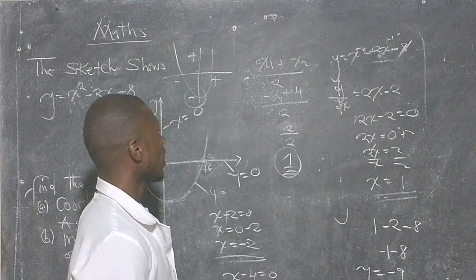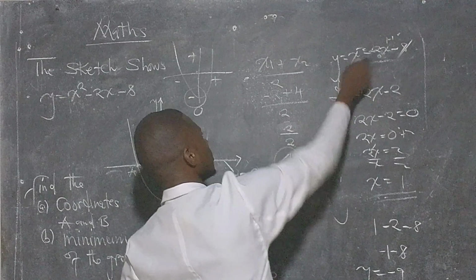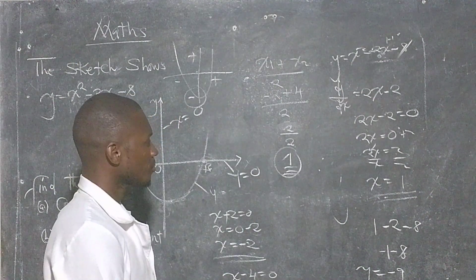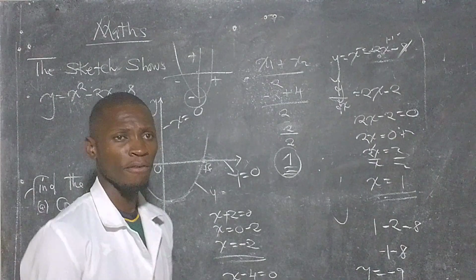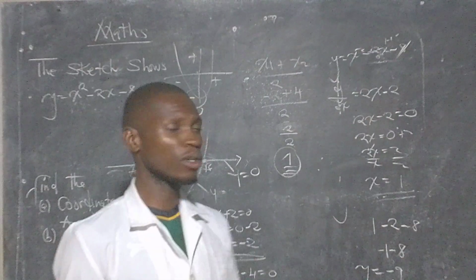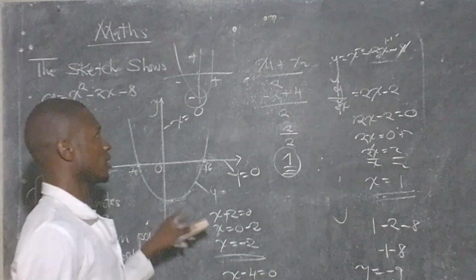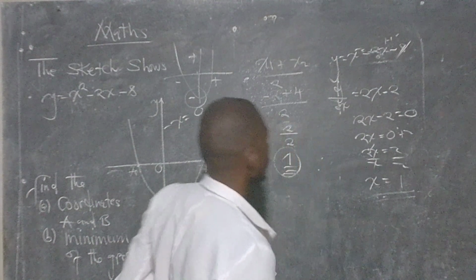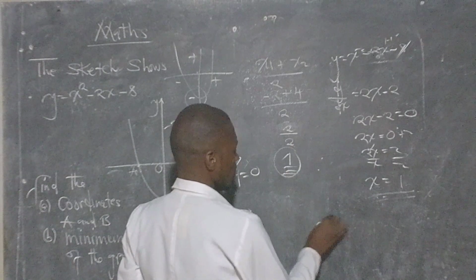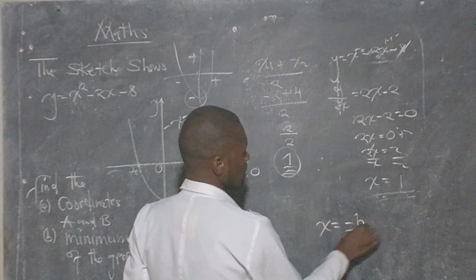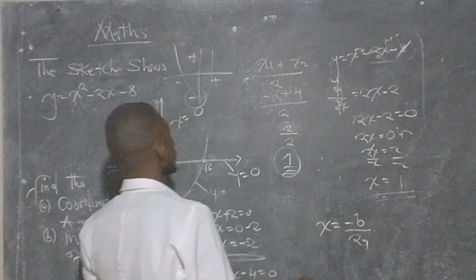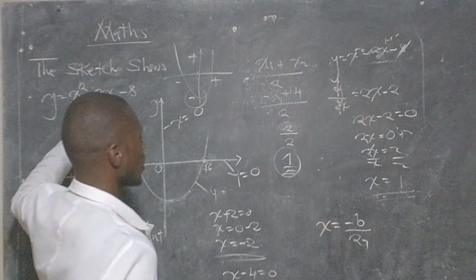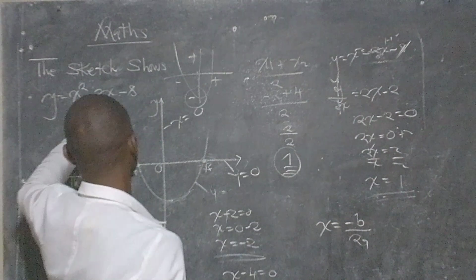If you don't want to use differentiation or the previous method, you can also use the formula for the turning point, because this part is the turning point. You can say x is equal to negative b over 2a. From the data which we had, the value for b is negative 2.